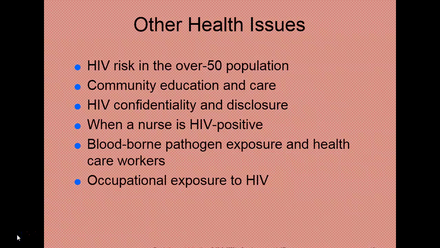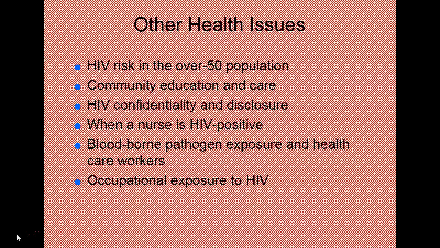Okay, other health issues. The HIV risk in the over 50 population, it seems like there's an increase in the occurrence of HIV because of lack of information being spread perhaps to that age group. They're not necessarily considered to be at risk.